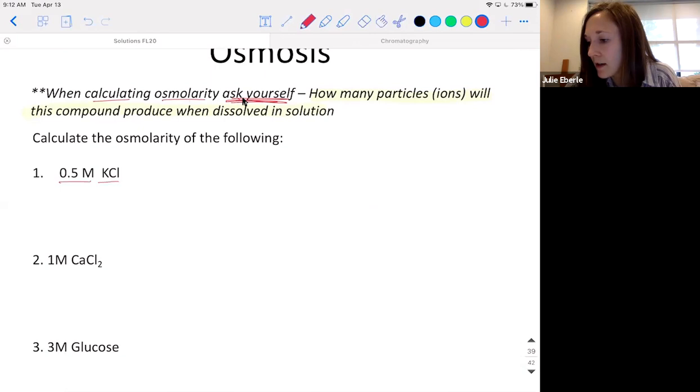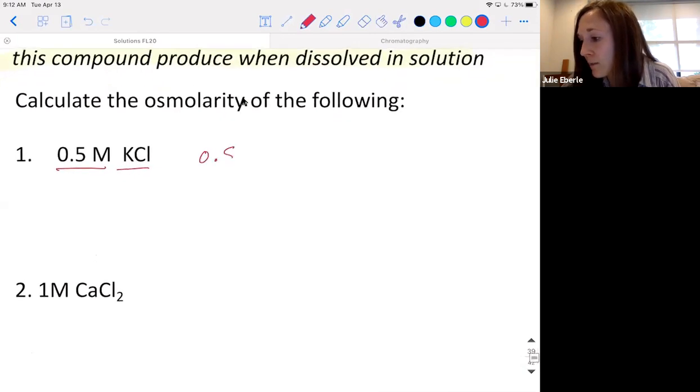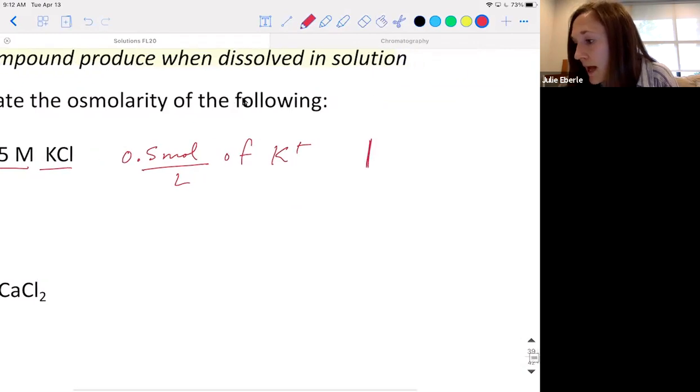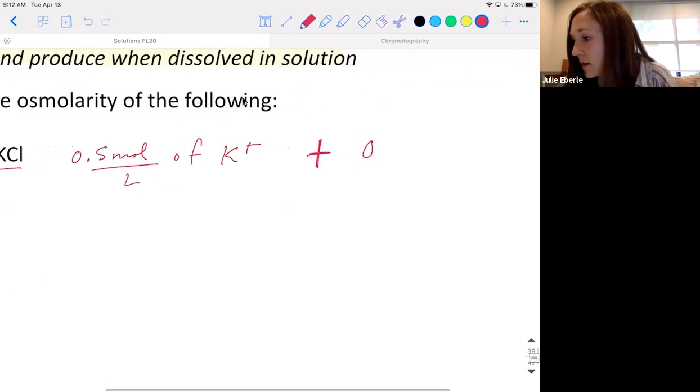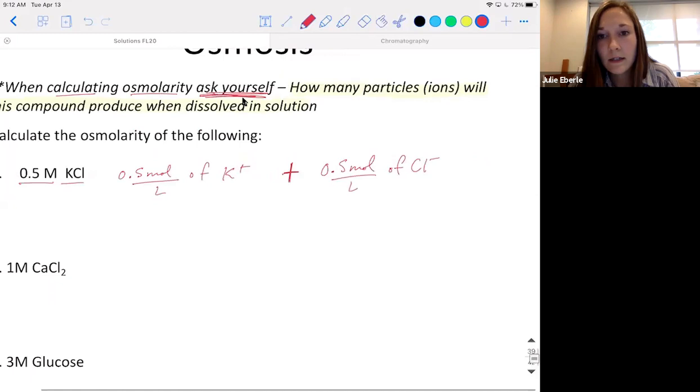If I have 0.5 molar KCl, I will get 0.5 molarity. Molar is mole per liter, right? Of K+. I will get 0.5 mole per liter of Cl-. And then you're just going to add that up.